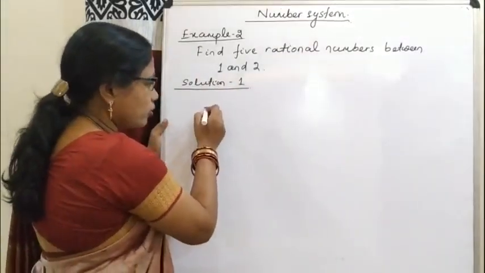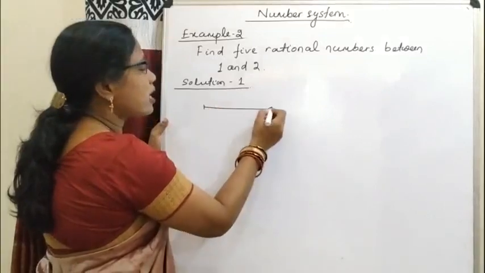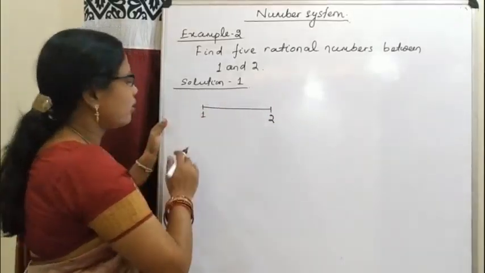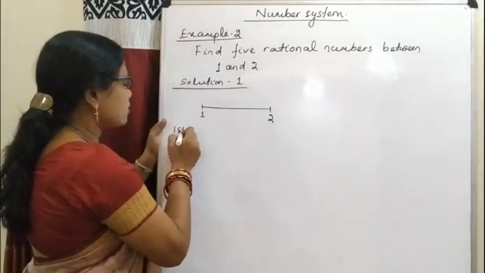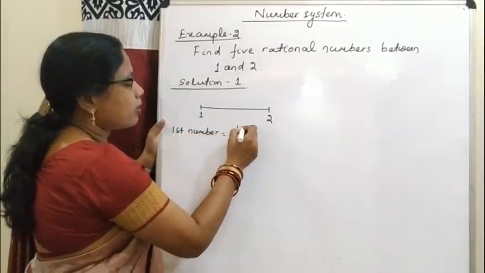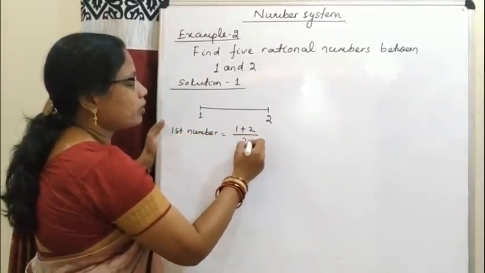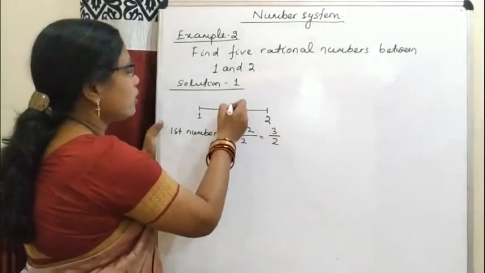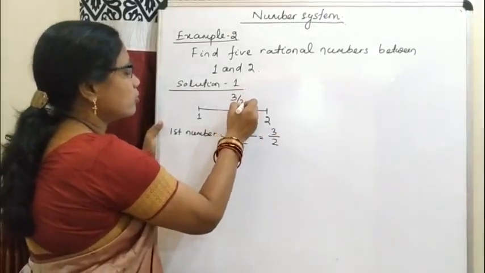If we want to find a rational number between 1 and 2, then the method is the first number is 1 plus 2 divided by 2. So this is equal to 3 by 2.